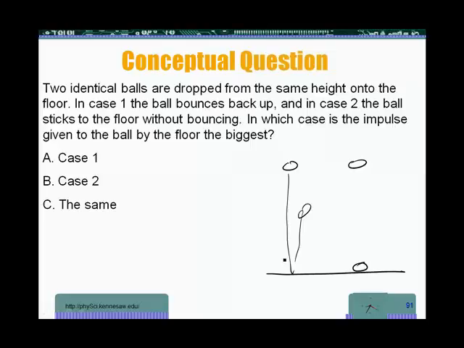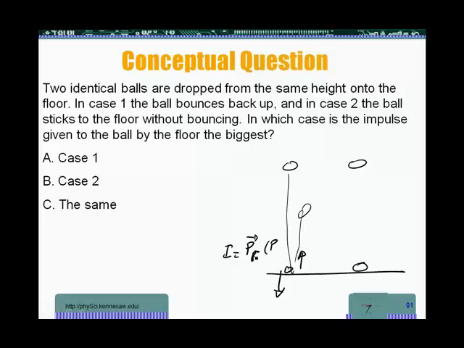Now remember, we discussed this before. In this case, we started with a momentum in the negative direction this way, and we ended up with a momentum this way. So the impulse by the floor on the ball to result in that change in momentum is going to be a positive momentum minus a negative momentum.